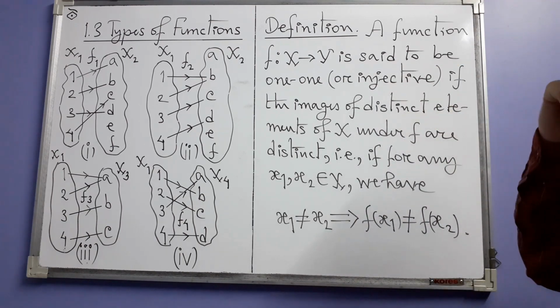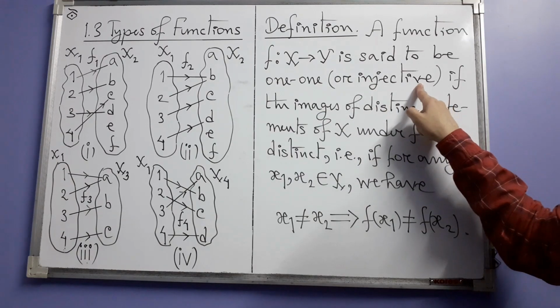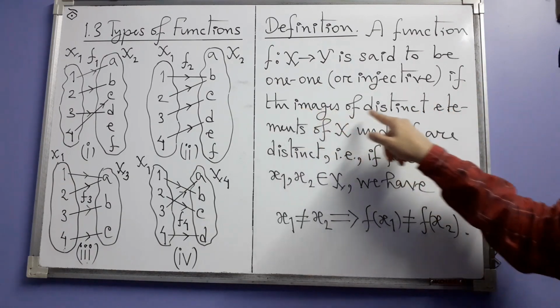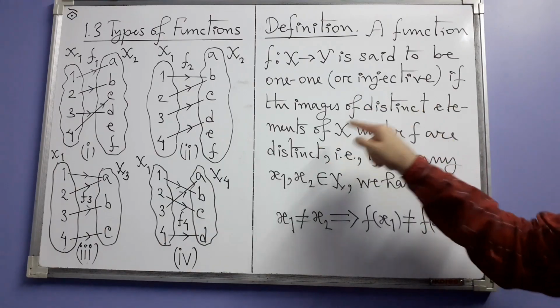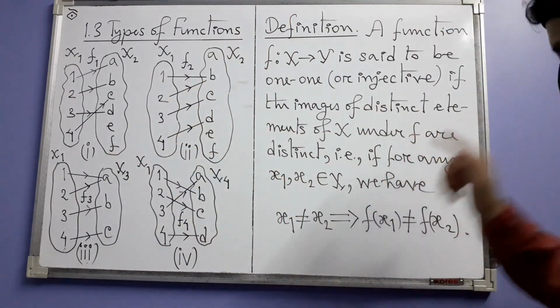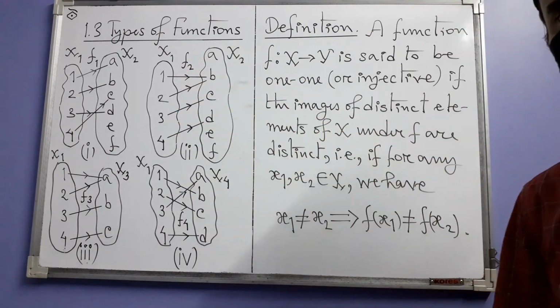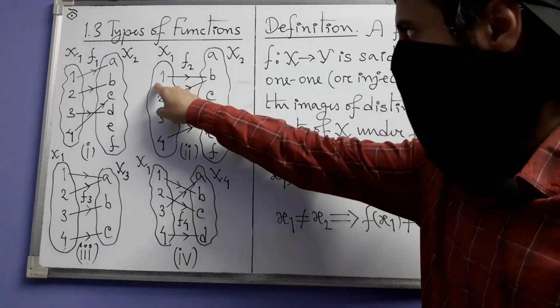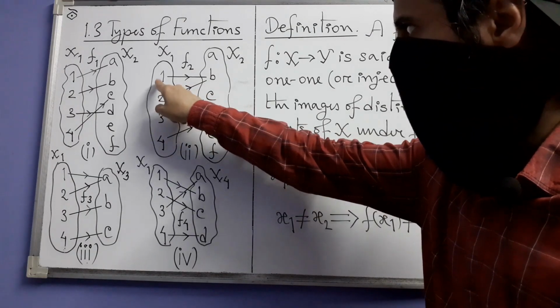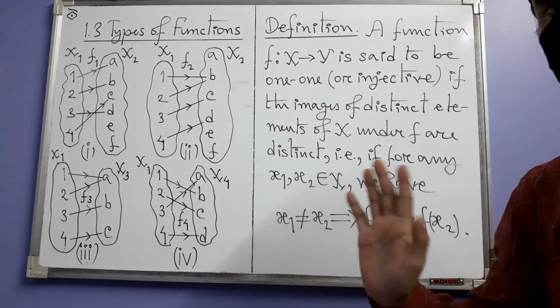So such a function is said to be 1 to 1 or injective if the images of distinct elements of x, like that one, under f are distinct. That means not like this one, where these two elements, although they are distinct, their images are the same, so they are not distinct.